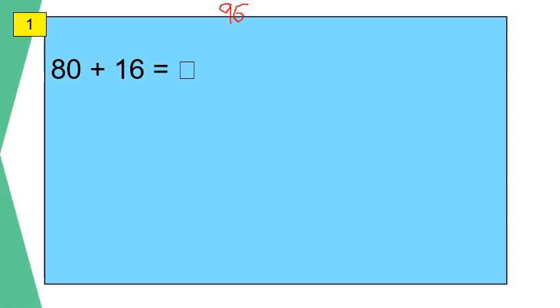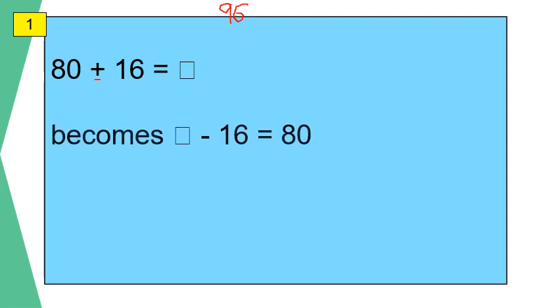I know that the inverse operation of addition is subtraction. So instead of 80 plus 16, it's going to become something minus 16 equals 80. What I've actually done is moved this number, 80, over to this side of the equation.